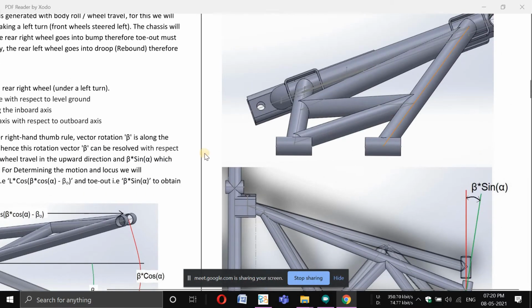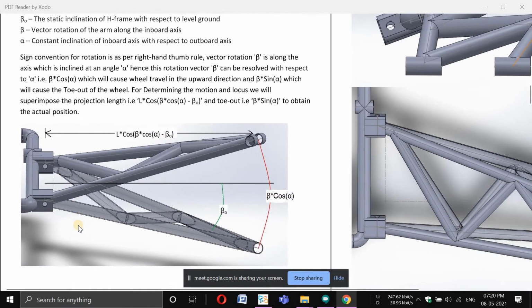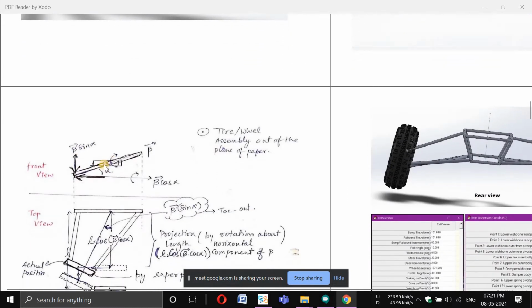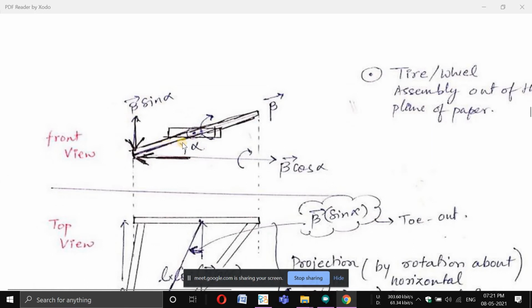So this relative angle alpha will generate two components of the beta. Sir, this is the alpha angle which I have shown, and beta is an angle, and we have taken it as a vector quantity.